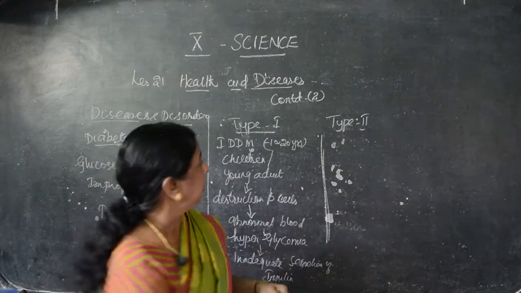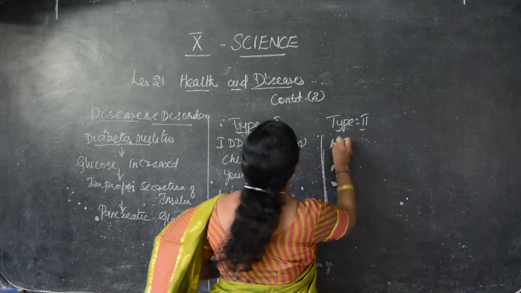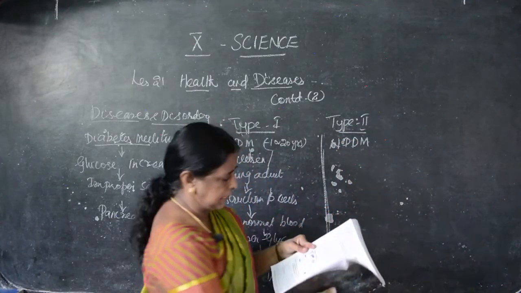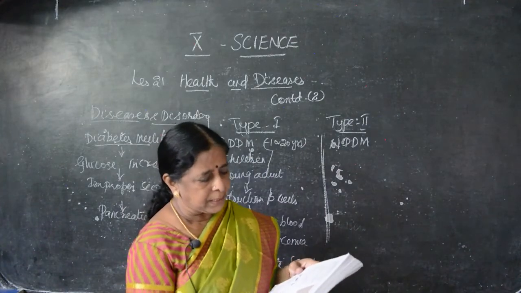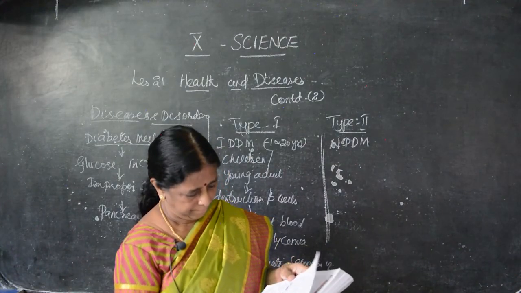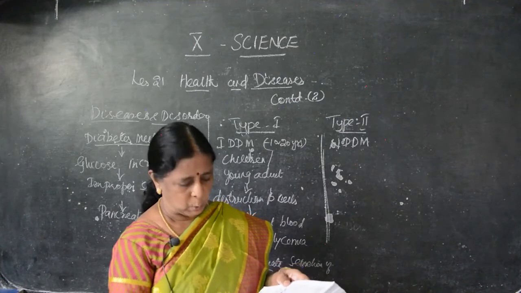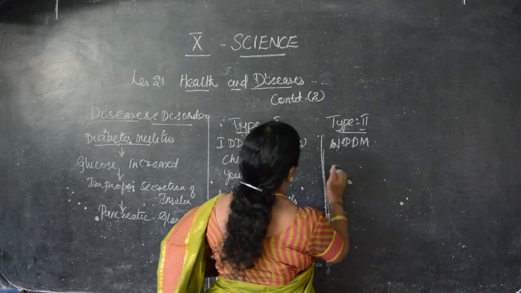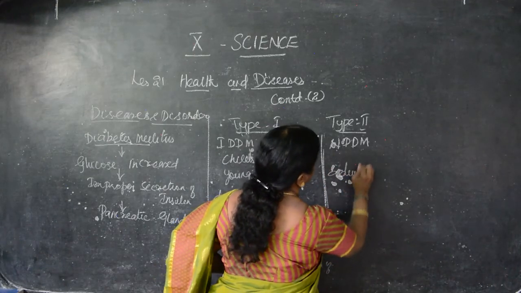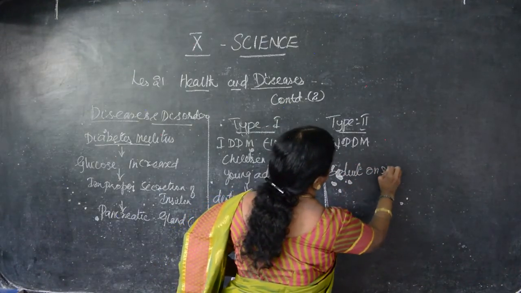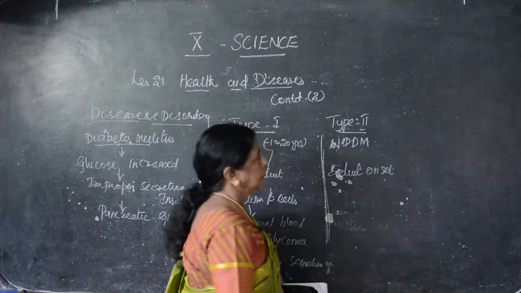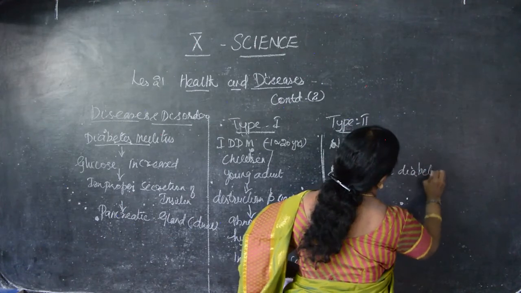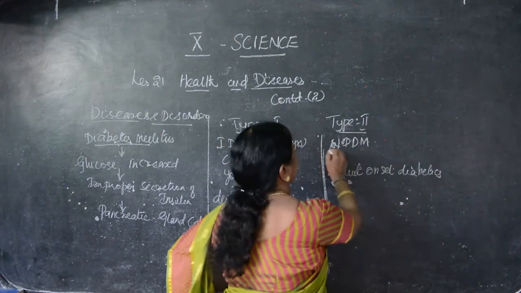This is also then type 2. Type 2, non-insulin dependent diabetes mellitus, NIDDM. This is adult onset. This is also called adult onset diabetes. This is young adult we say for type 1, this one is adult. Adult onset, non-insulin dependent.